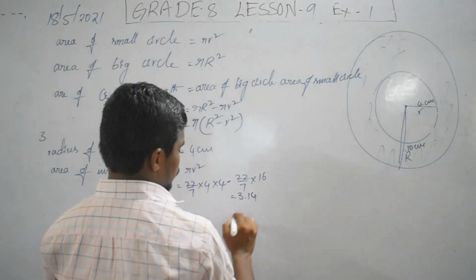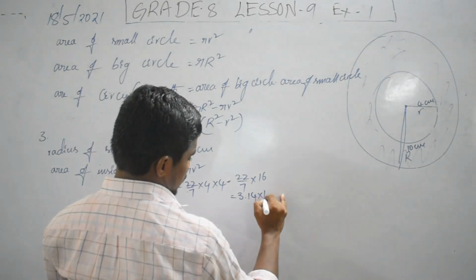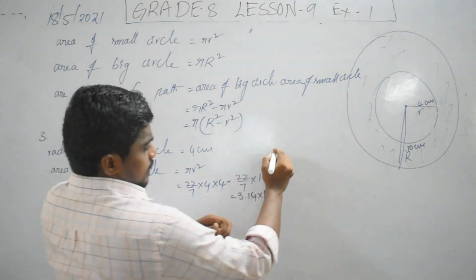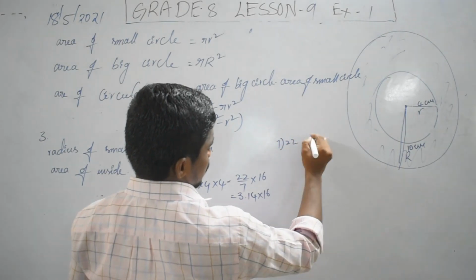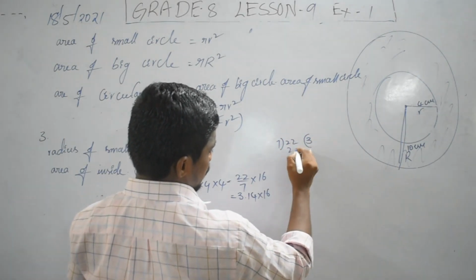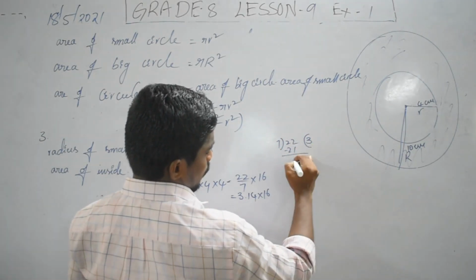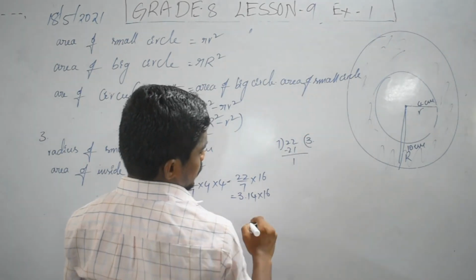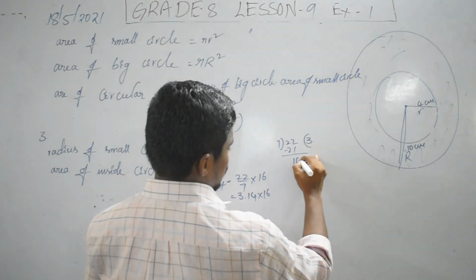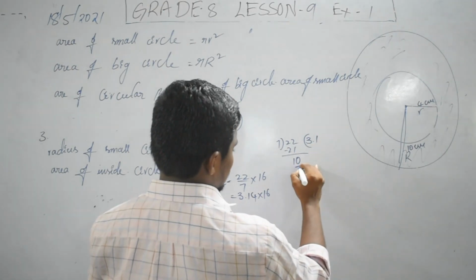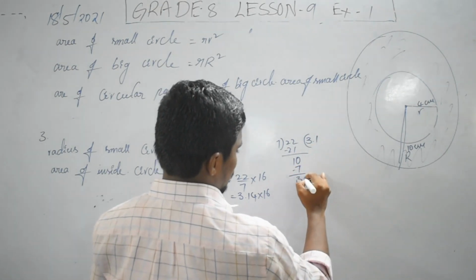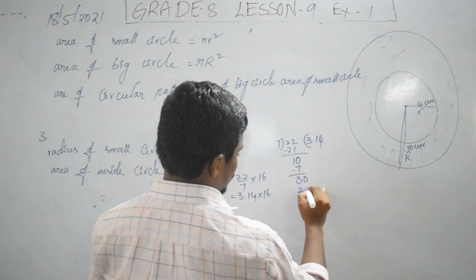4 1 4, cross out, 16, one division. 7 3s are 21. 1 point 0 7 1, 7. 3.74, 20.